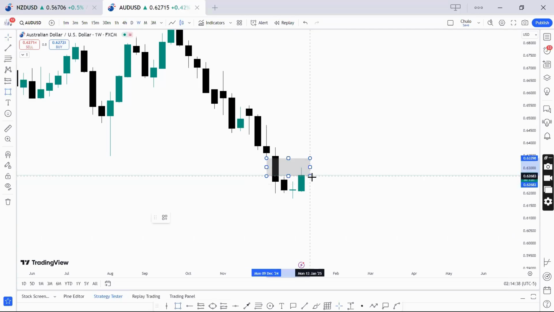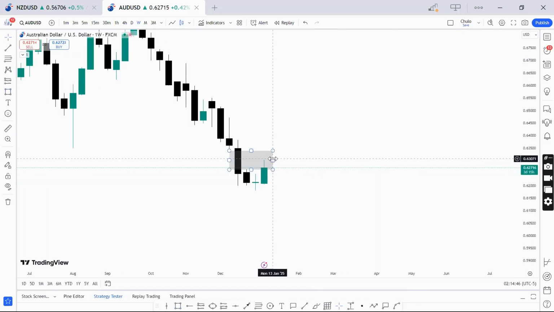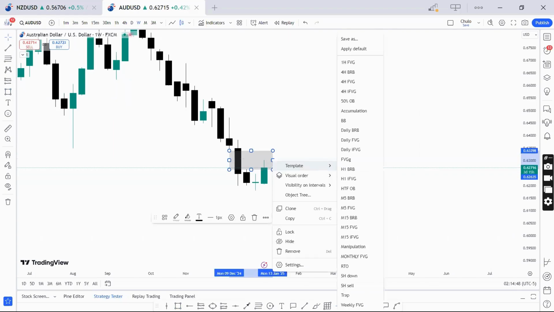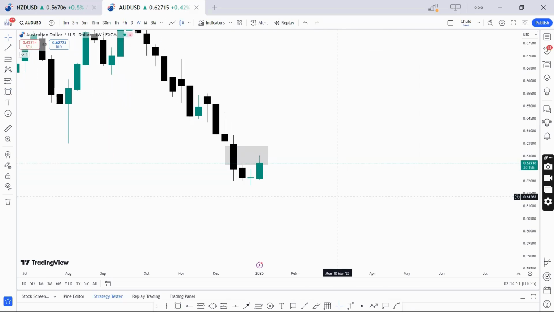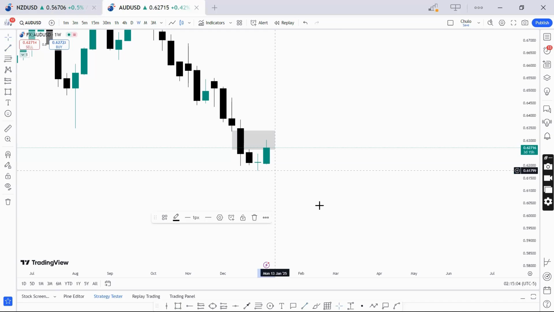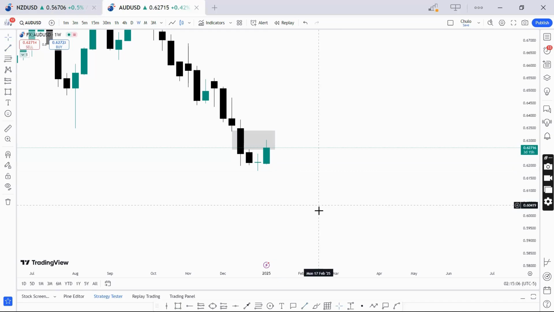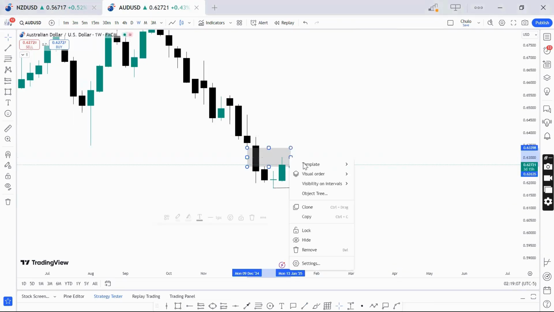Yes, we have this weekly fair value gap here. So where should be our next draw on liquidity? Our next draw on liquidity should be moving from internal range liquidity to external range liquidity.